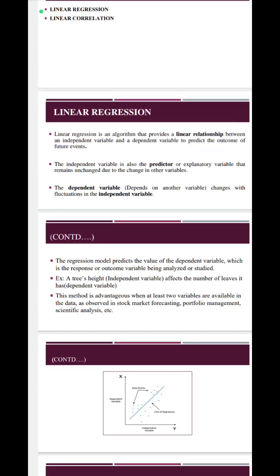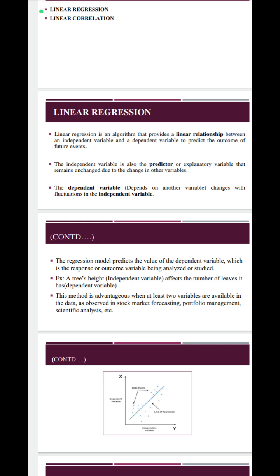The regression model predicts the value of the dependent variable, which is the response or outcome variable being analyzed or studied. For example, a tree's height is an independent variable which affects the number of leaves it has.